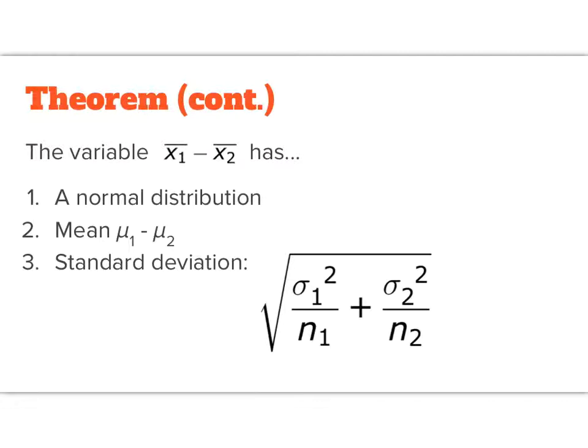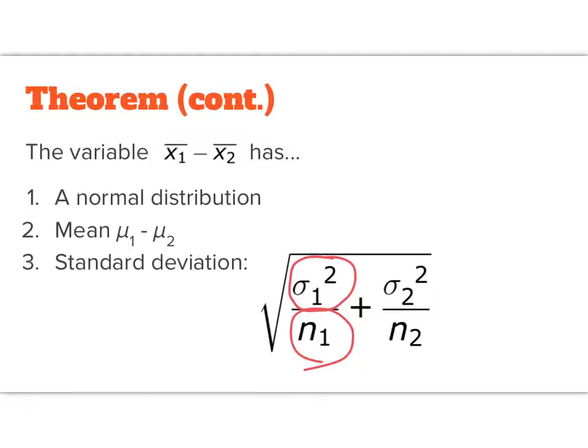Standard deviation, well, that's the part where we have to talk about what this formula is saying. It looks a lot more foreboding than it really is. The standard deviation is defined as the sum of sigma 1 squared over n1 and sigma 2 squared over n2. So we know what the standard deviation is from the first sample, and we know how big that sample is.